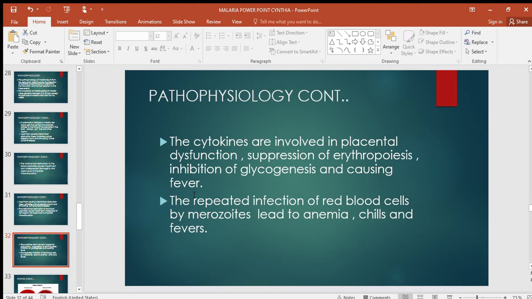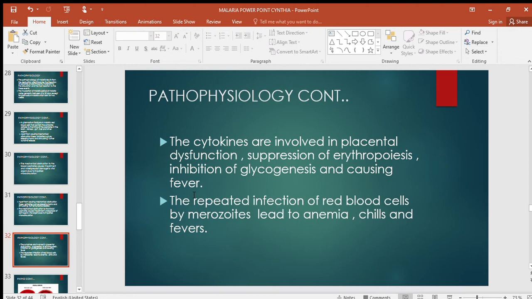Also, it will reduce the production of red blood cells. That's why anemia will come about. And then there's also inhibition of gluconeogenesis. This may result in a person having hypoglycemia.